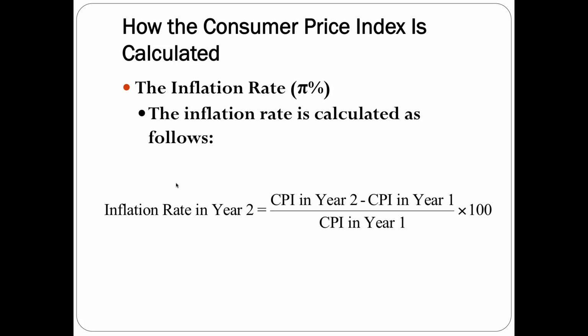The inflation rate in year 2 is going to be equal to the CPI in year 2 minus CPI in year 1 divided by the CPI in year 1 times 100. So it's going to be the CPI in the later year minus the CPI in the earlier year divided by the CPI in the earlier year times 100.